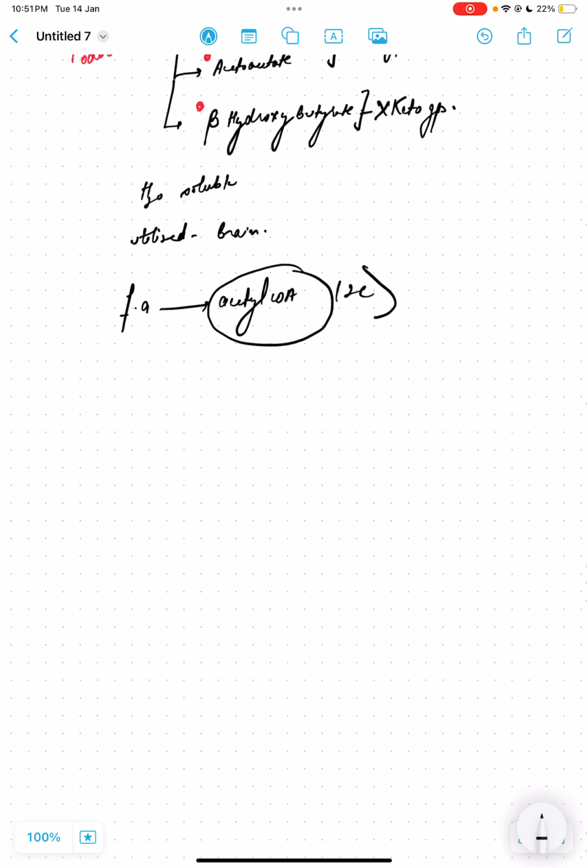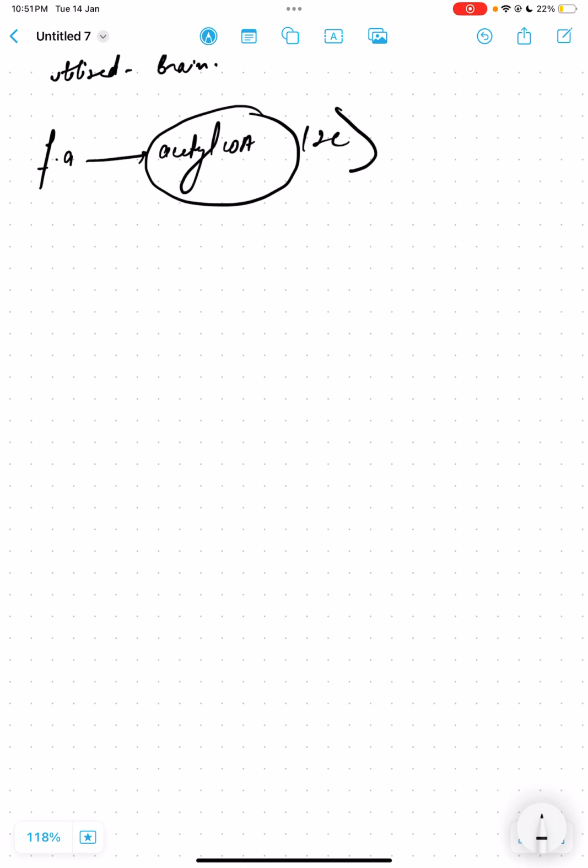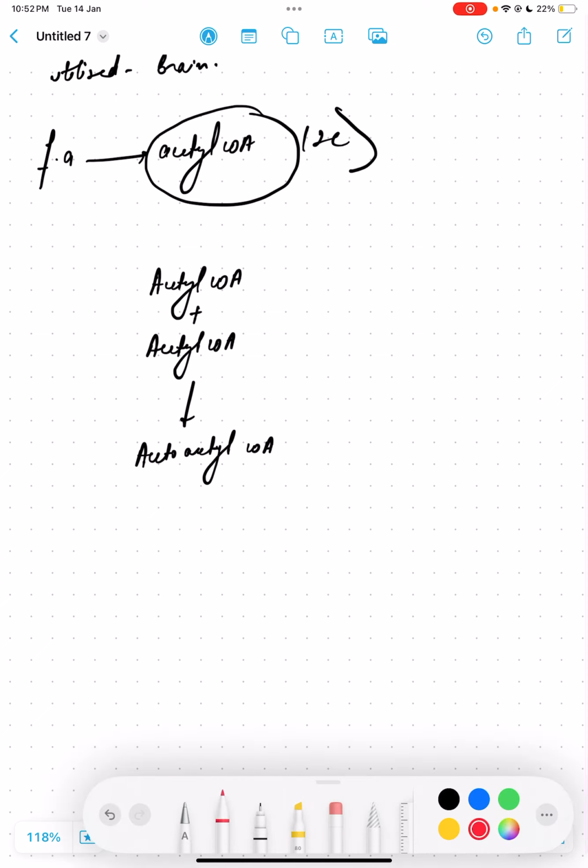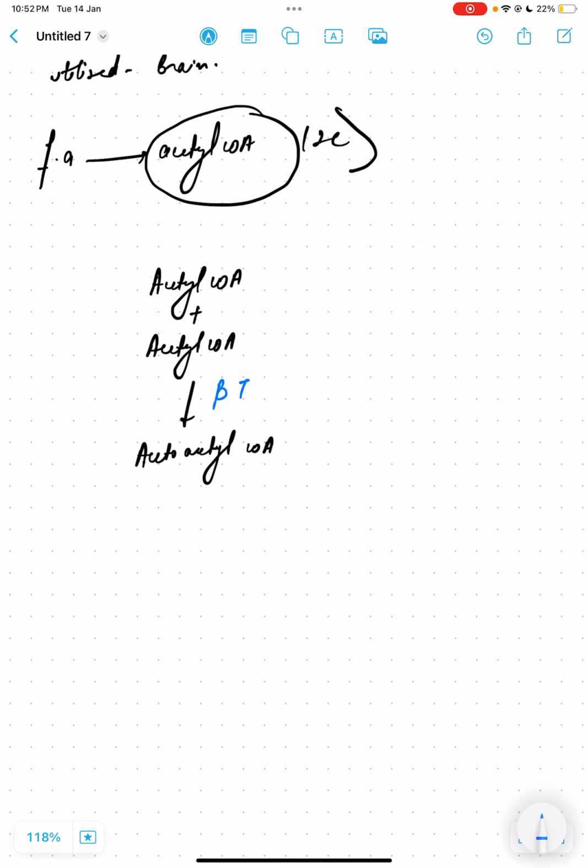Okay, so let's begin with the formation of ketone bodies. What happens? Acetyl coenzyme A combines with acetyl coenzyme A to form acetoacetyl coenzyme A. Okay, now you should remember what is the enzyme involved, that is called beta thiolase.